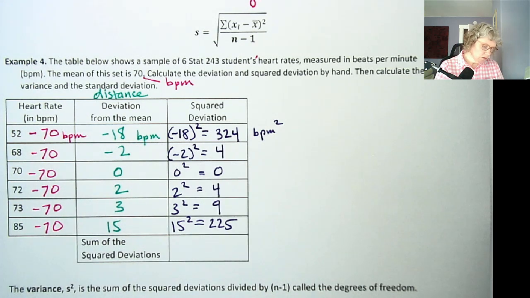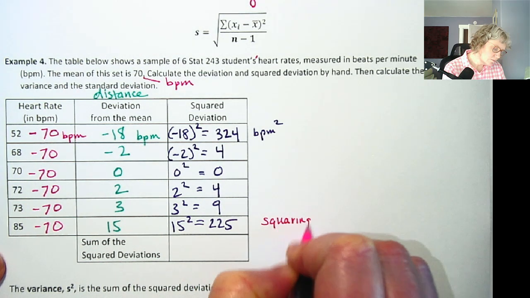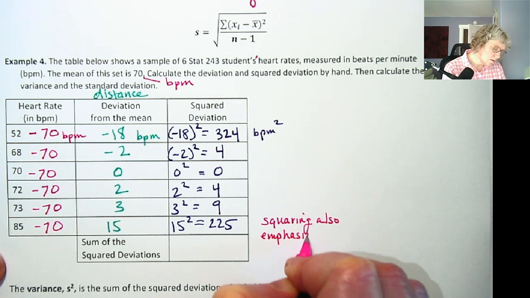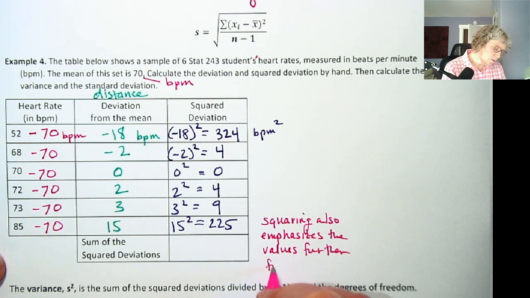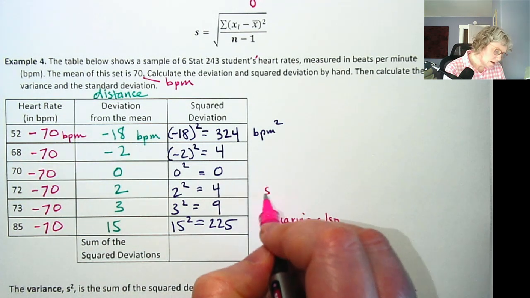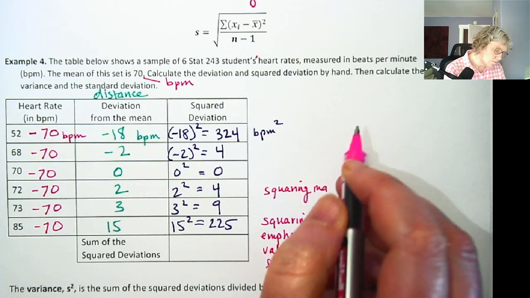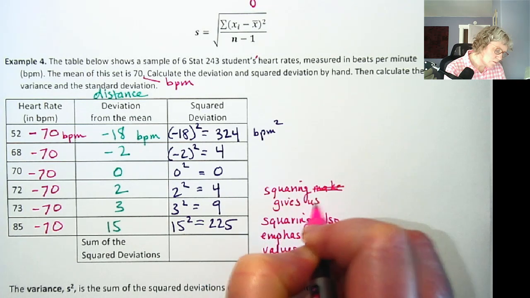So squaring also emphasizes the values further from the mean. It's another thing it does. It also makes them positive. Squaring gives us positive values.